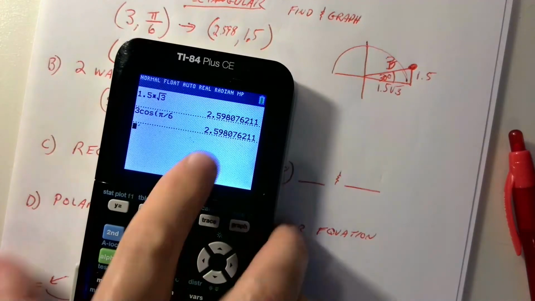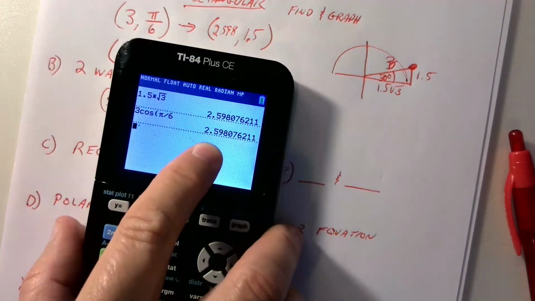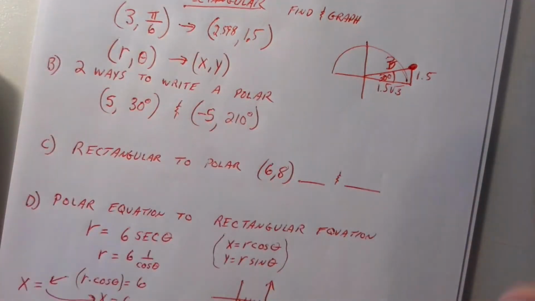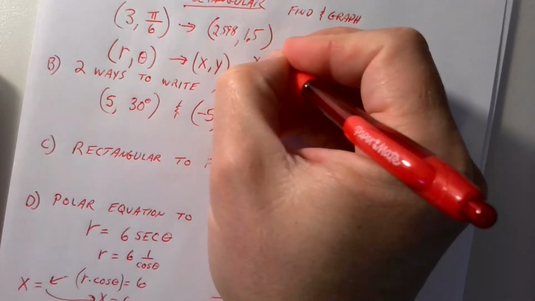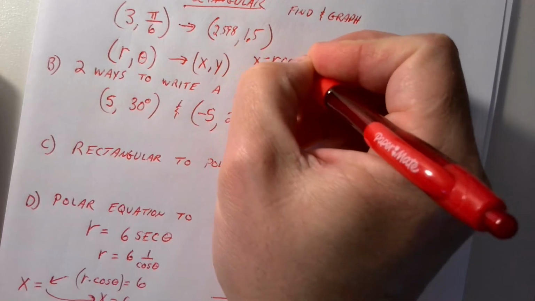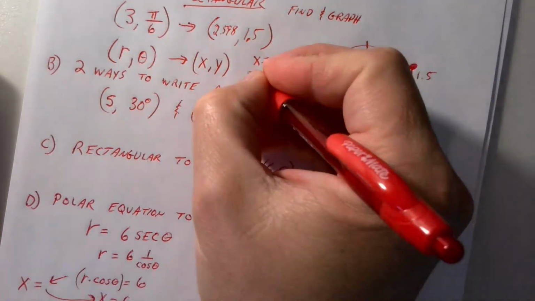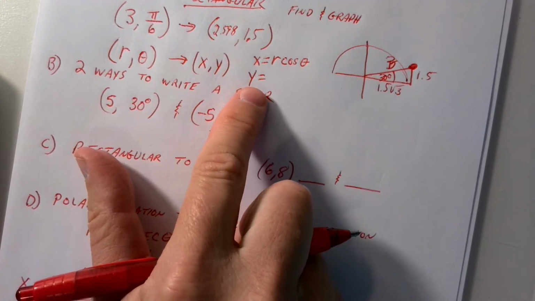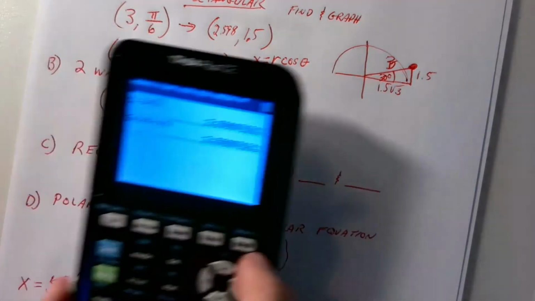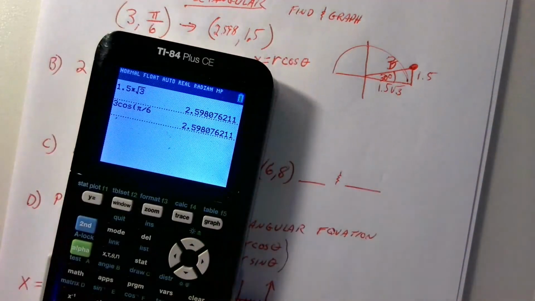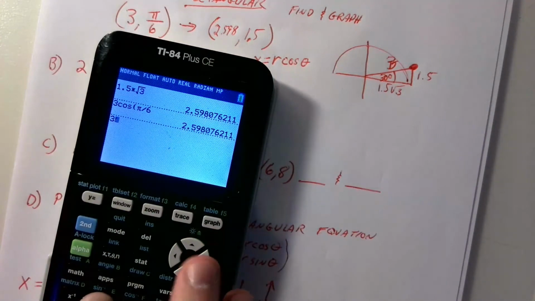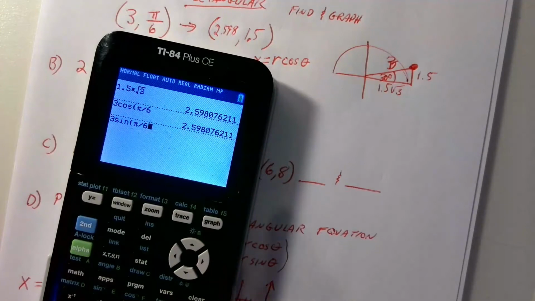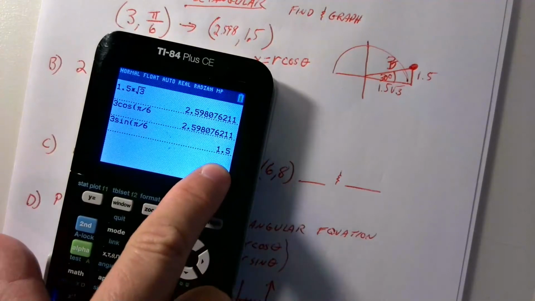I hit enter, and you can see that those two numbers are the same. So what a cool thing here is that x is equal to r cosine theta. And then hopefully this makes sense, the y value is equal to, you guessed it, let's do this, 3 sine pi divided by 6. Enter. And you get 1.5.